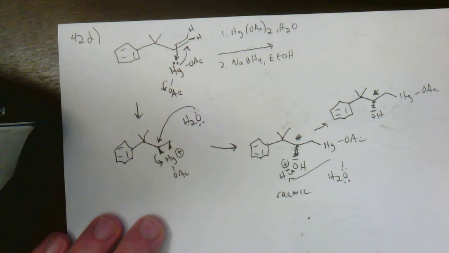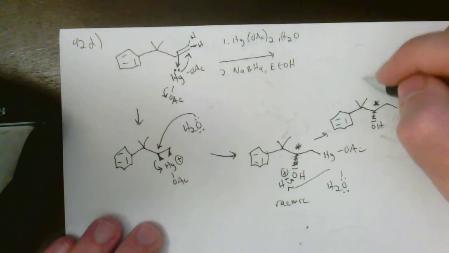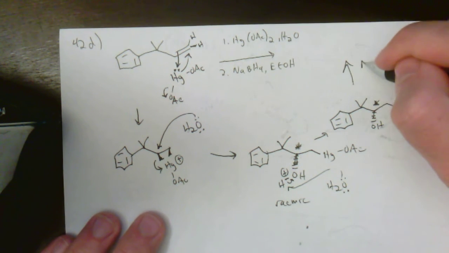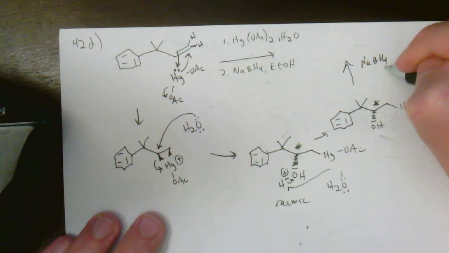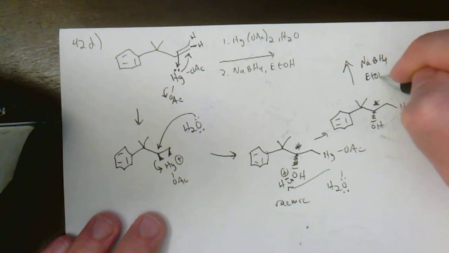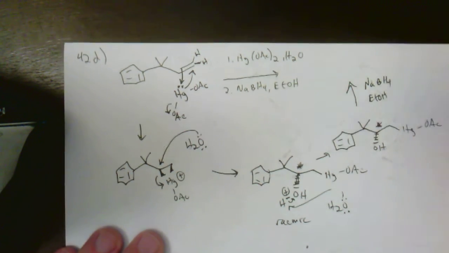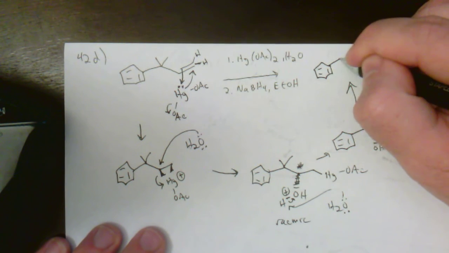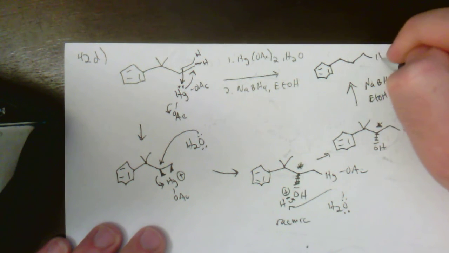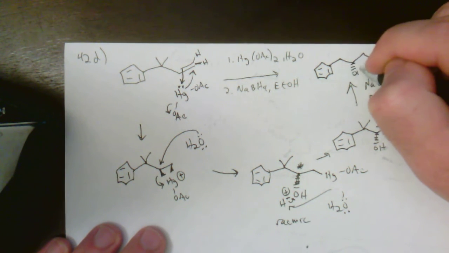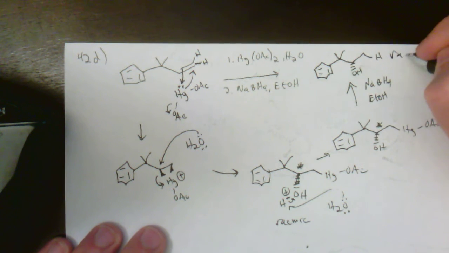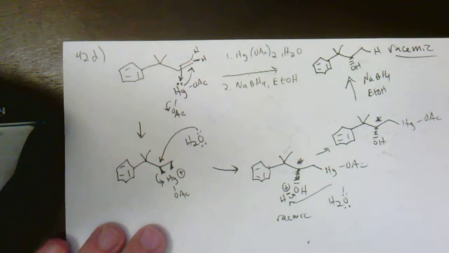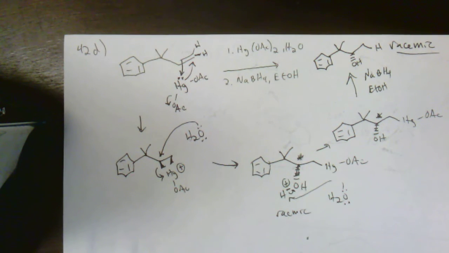Then this is the last step that we don't actually have to show any arrow pushing for. We just say sodium borohydride and ethanol. We'll swap out this mercury for an H. And again, don't forget this is racemic, as all these pi bond ones are. They're not stereospecific.